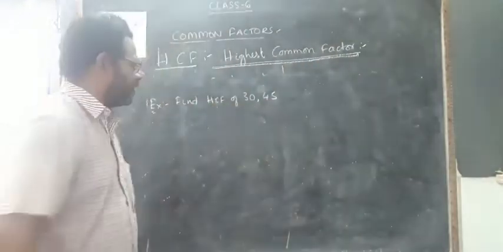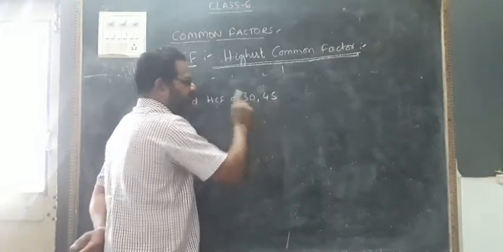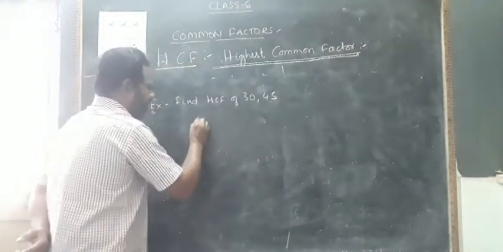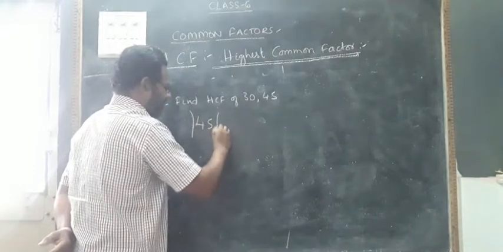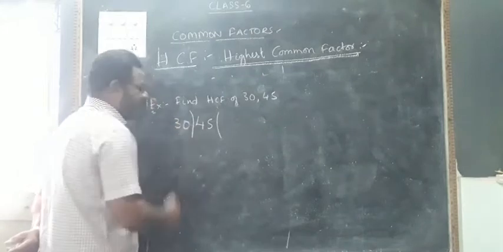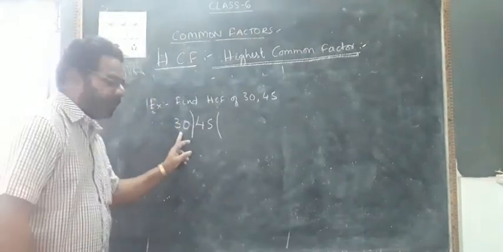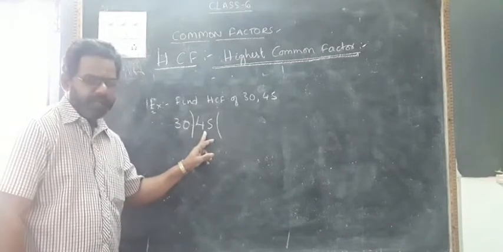Compare these two: which one is bigger? 45 is bigger and 30 is smaller. The smaller number, 30, will be the divisor, and the bigger number will be the dividend.